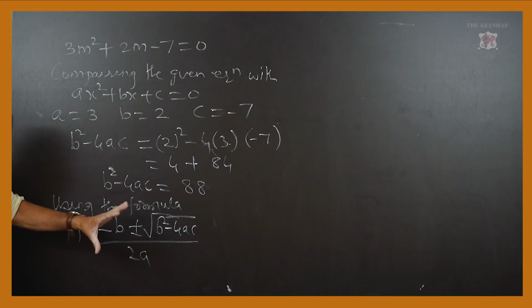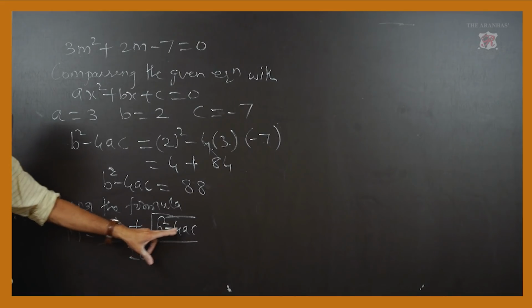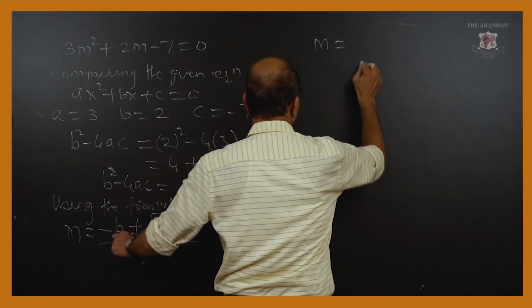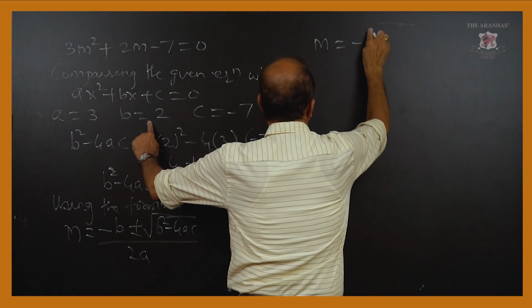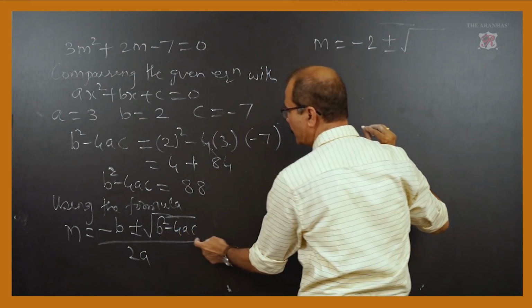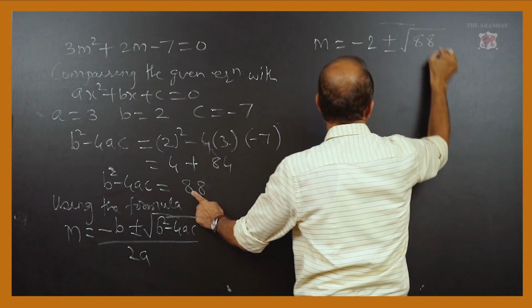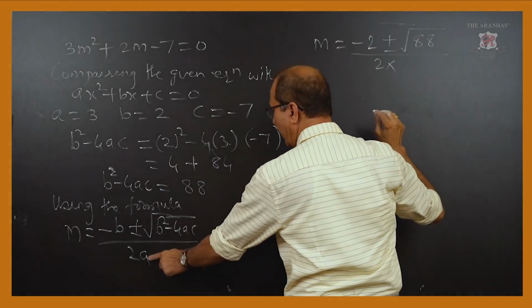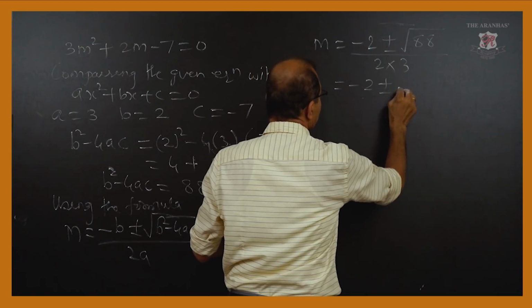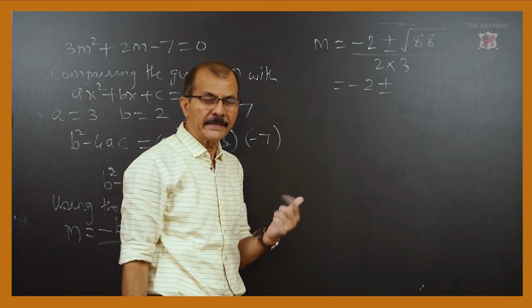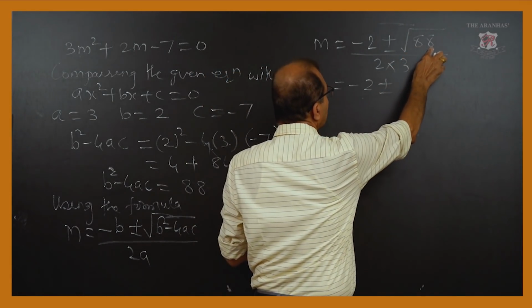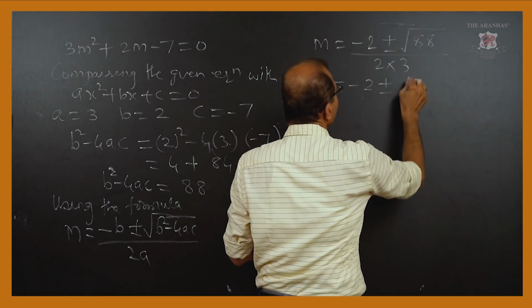Now, in this I am going to put the value of a, b and b square minus 4ac. See what you get. M is equal to minus b. What is b? 2. So, minus 2 plus minus root of what is b square minus 4ac? 88 upon 2 into what is my a? My a is 3. So, this is equal to minus 2 plus minus.